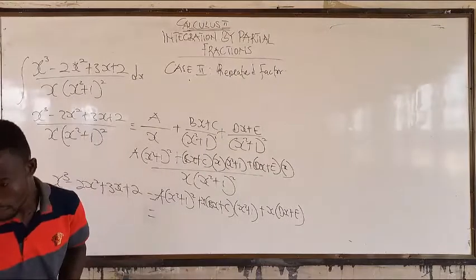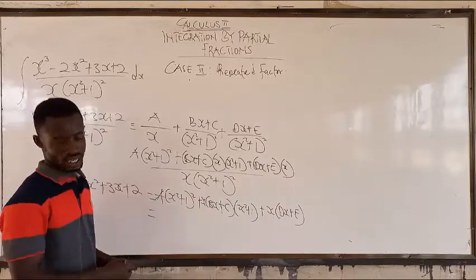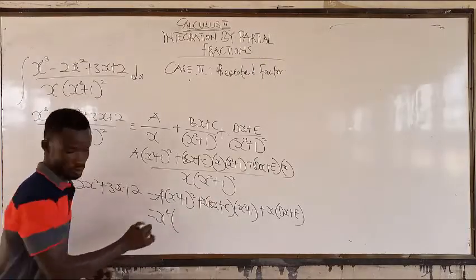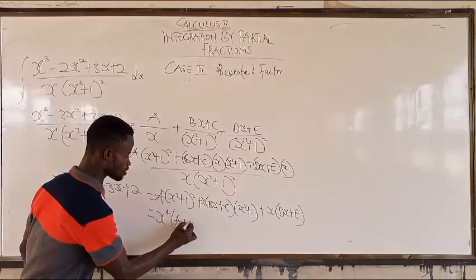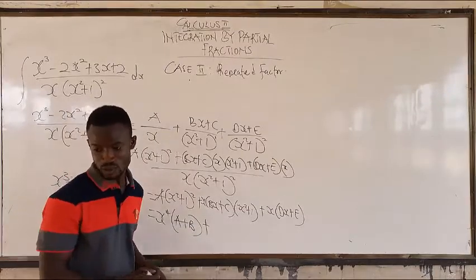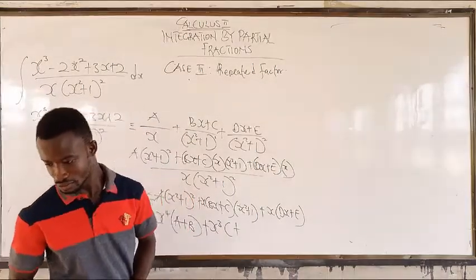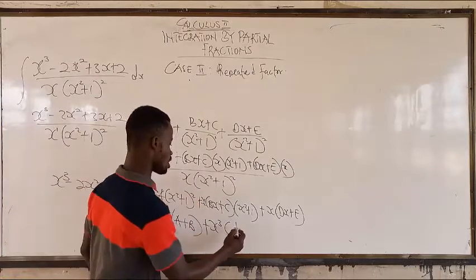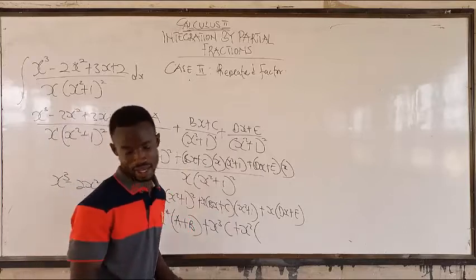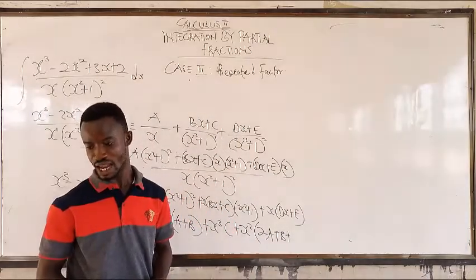So when you do that, you are going to get x raised to the power 4, and the coefficient is a plus b, plus x raised to the power 3, and the coefficient is c, plus x raised to the power 2, and the coefficient is 2a plus b plus d.